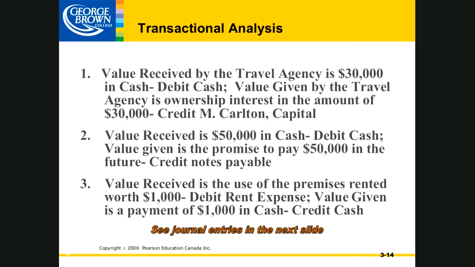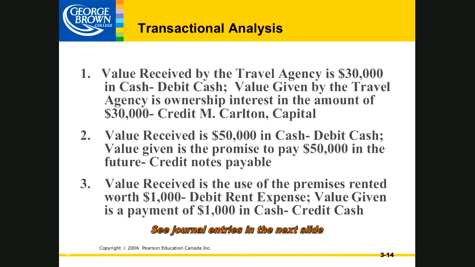In the second example, we took out a $50,000 bank loan. We received $50,000 in cash, and we have a $50,000 obligation to pay back in the future. From this, we can see that this is affecting cash because we are getting more cash, but we also now have a bank loan, and a bank loan is a liability because it is an obligation to pay in the future.